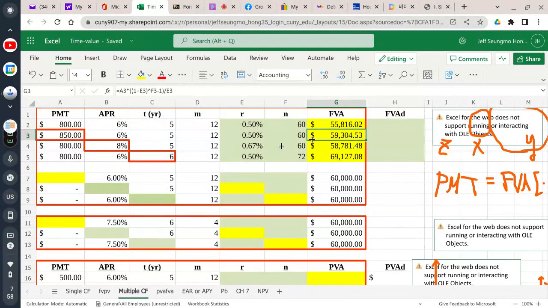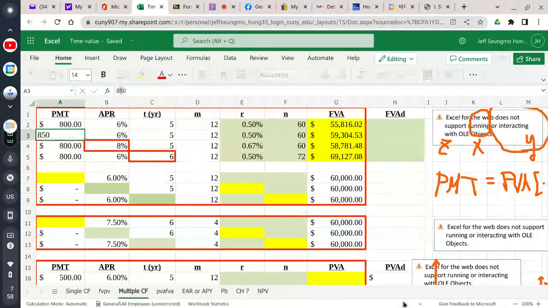So what if we make it 860? I change it to 860. Oh, then we hit our target. Actually, we overshot our target by $2. That's almost as good as, but that's good.